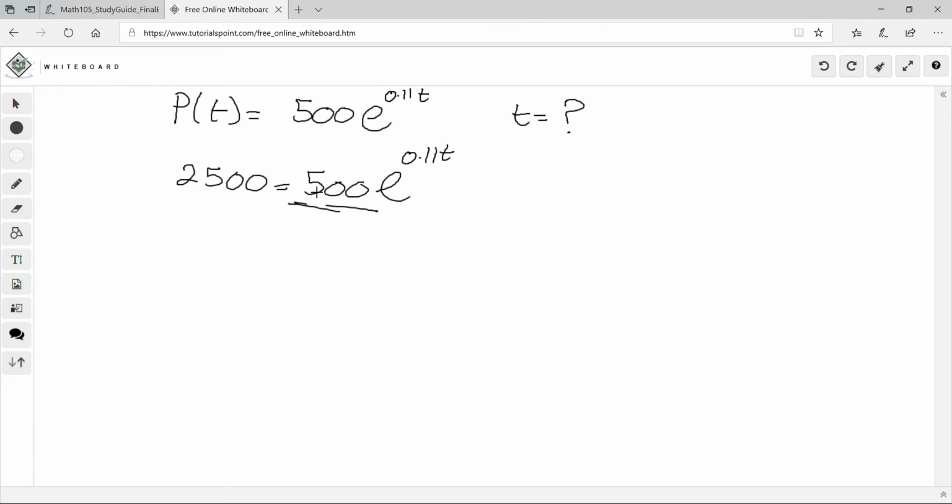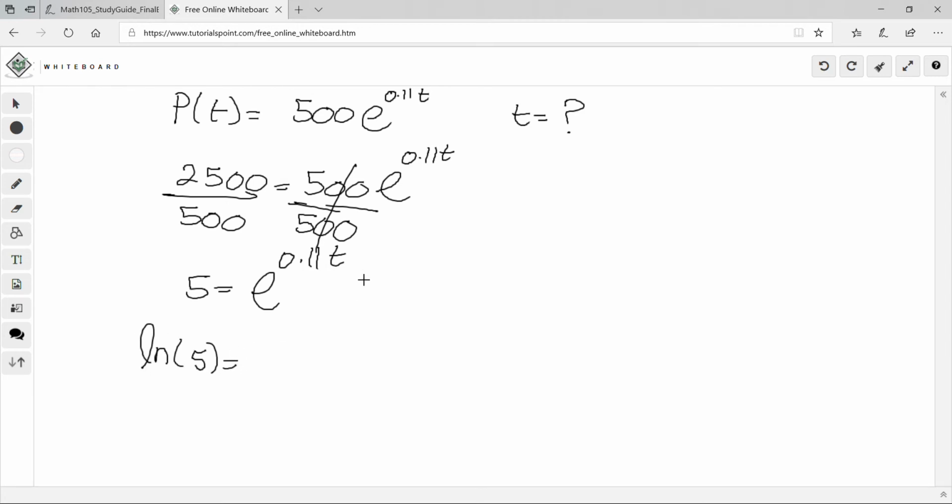before I take the natural log of both sides, I'm going to divide everything by 500. So 2500 over 500 is 5. This cancels, so you're just left with e to the 0.11t. Now I'm going to take the natural log of both sides. So on this side it's going to be natural log of 5.